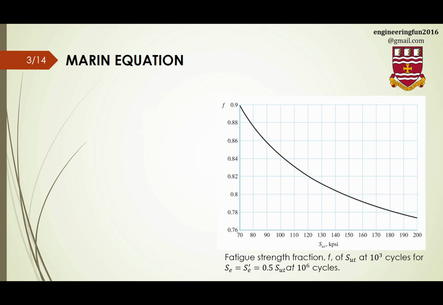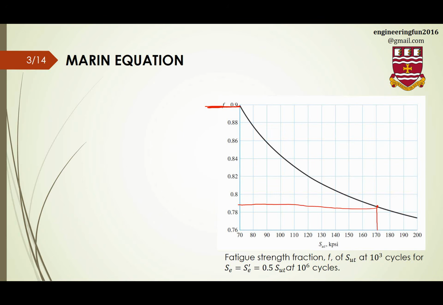Before I continue, this graph shows F based on SUT. For example, if in our studied case SUT is 170 kpsi, we go up, find the intersection, then go and read the number. So in this case, it's almost 79%. If SUT is less than 70, this line will continue horizontally.